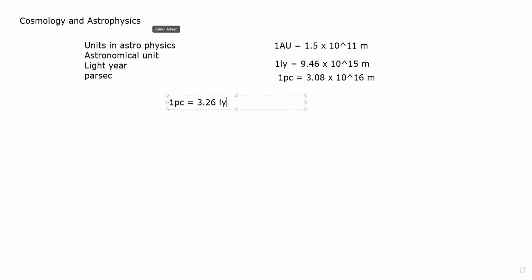And in astronomical units, one parsec is equal to 206,265 astronomical units. So these are the comparison of the units in astrophysics.